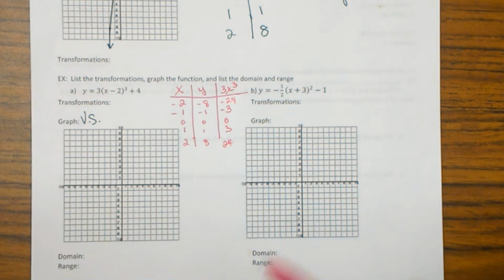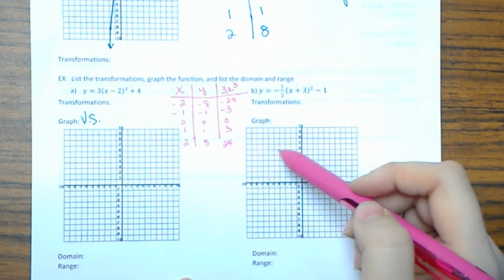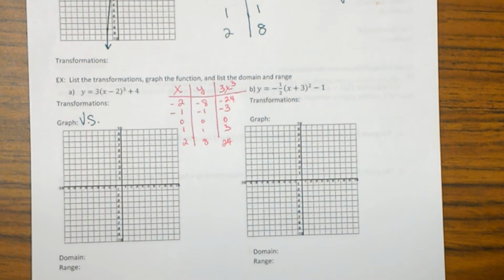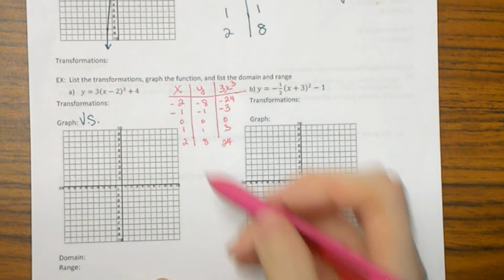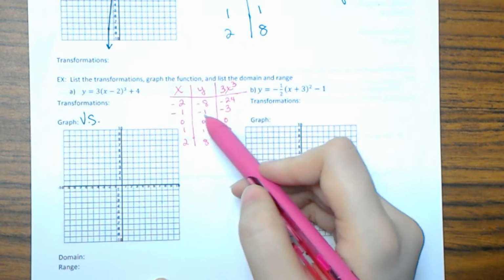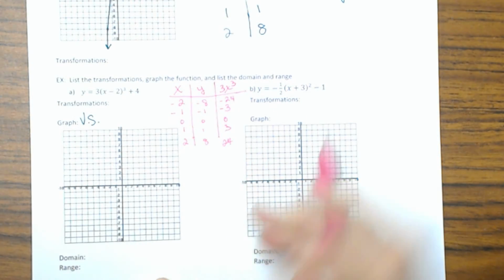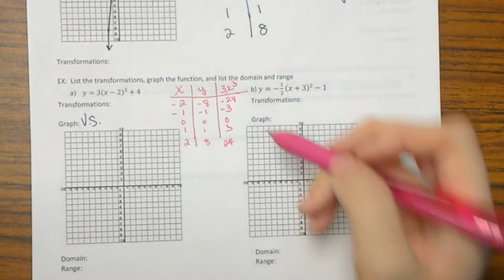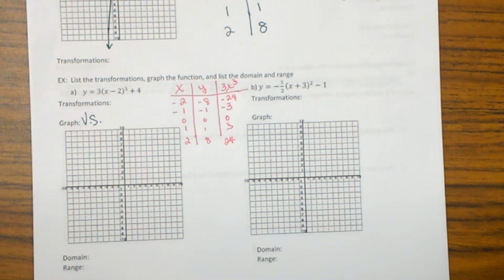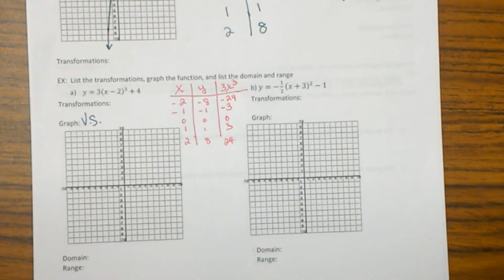So you can see the middle points, they only change by 3, but after that they're changing by 21, whereas in the original, they only change by 7. 1 and 8, and negative 1 and negative 8, their change was only 7. But that change was being multiplied by 3. So now in the vertical stretch, they're changing by 21 units in between. So that's a stretch.